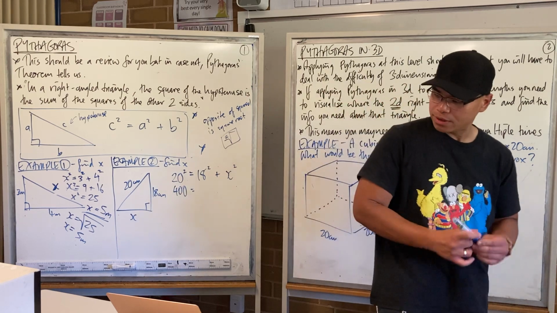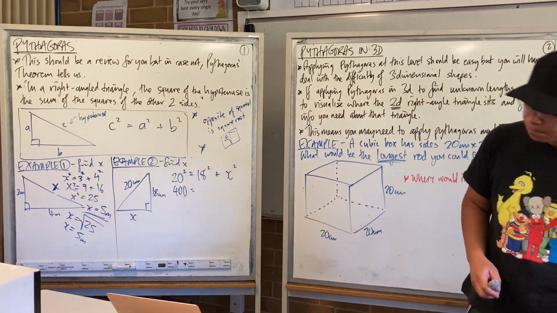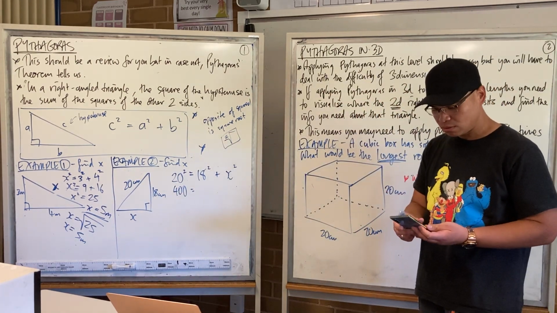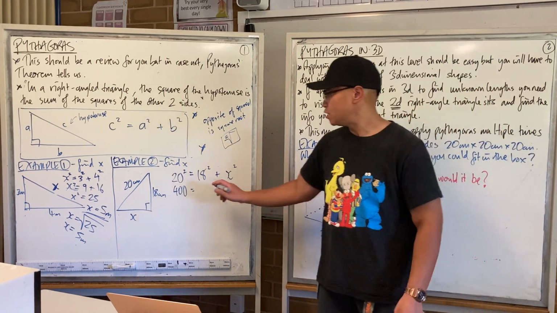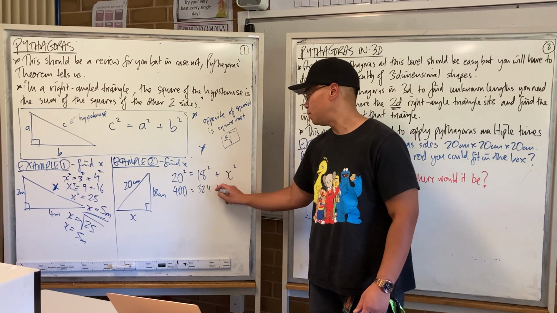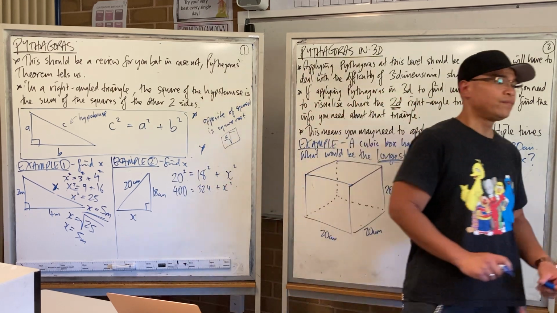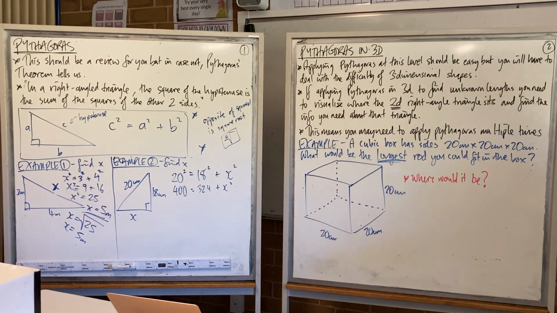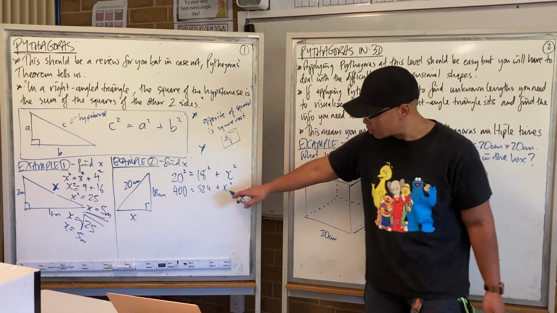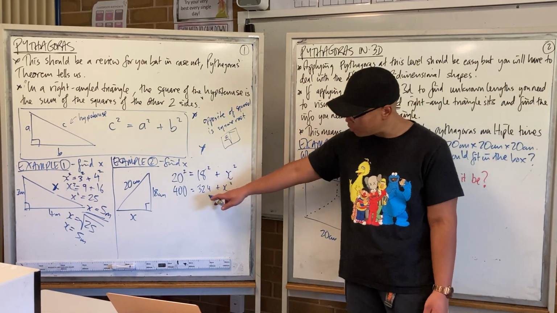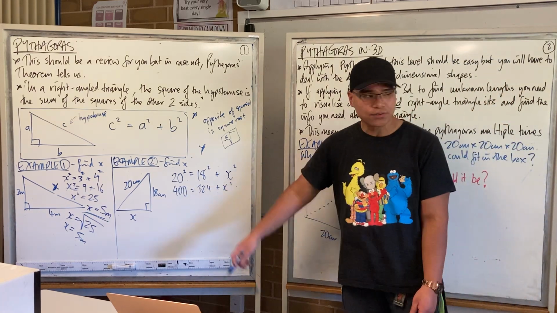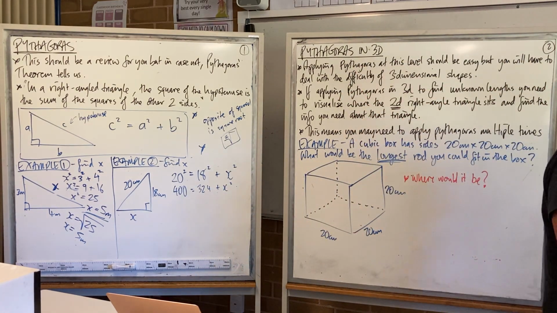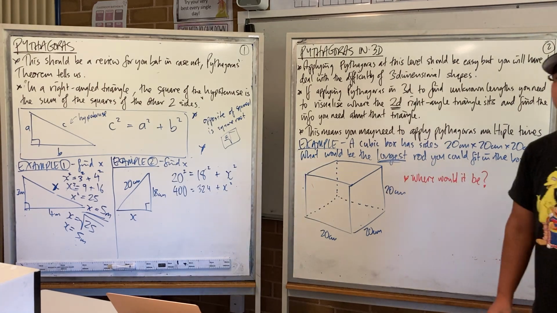What is 18 squared? I don't know that off the top of my head. Just quickly. 18 squared, 324, plus x squared. Let's use our algebra skills. I want x by itself. I need to get rid of this, and I need to get rid of the squared. What kind of a 324 is that? A positive or a negative? Positive.